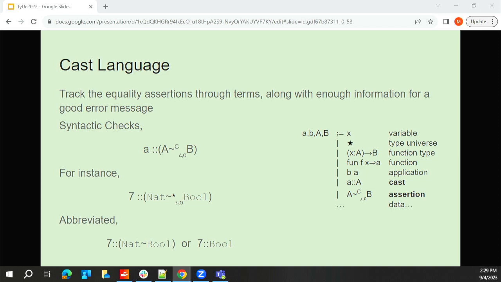If you want to use 7 in a place that would want a bool, you would write something like this, where 7 has type nat, we want to use it as type bool, we know that those two things are the same type, and we have a location for this, the static place that asserts it, and we have an observation that'll evolve and give us the observations we need to track the error, if it does turn out to be an erroneous equality.